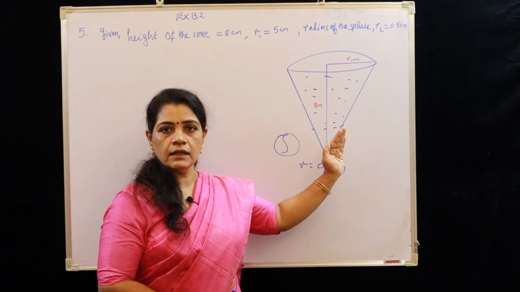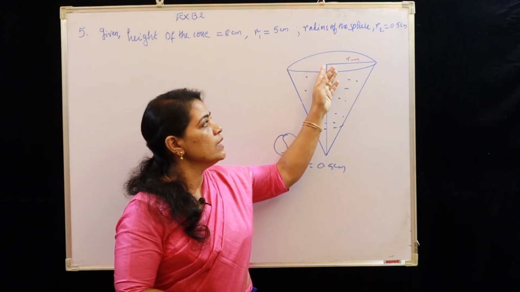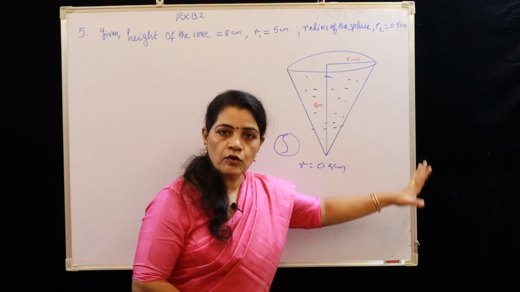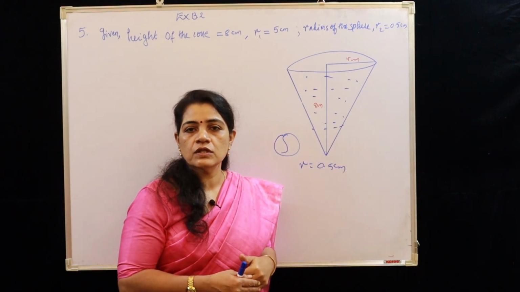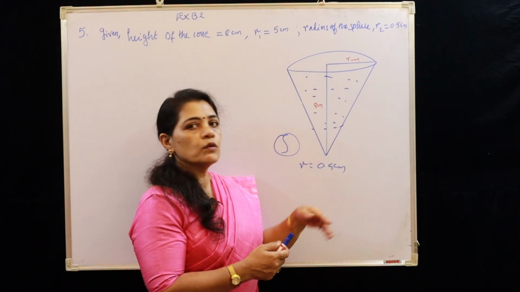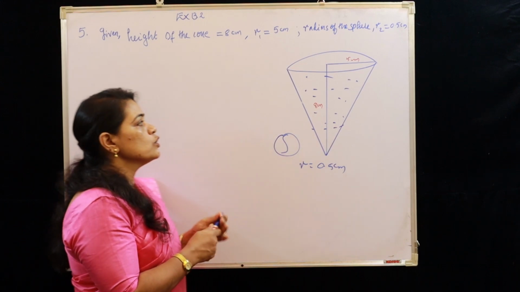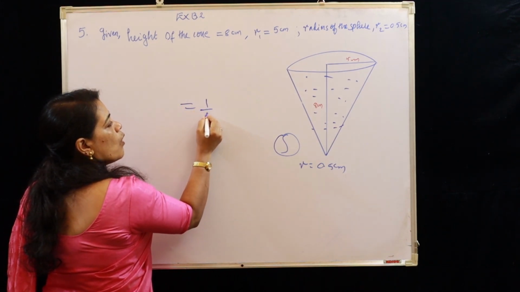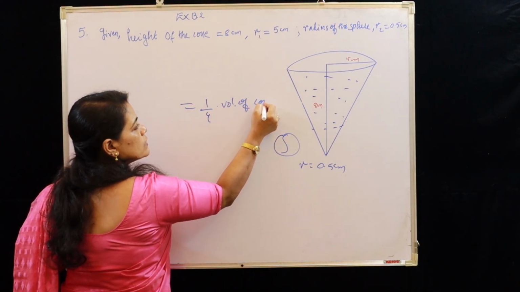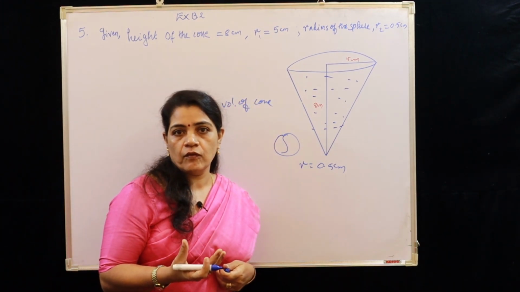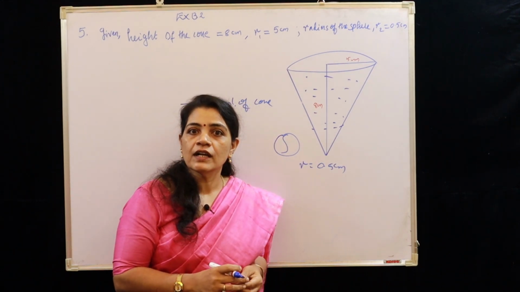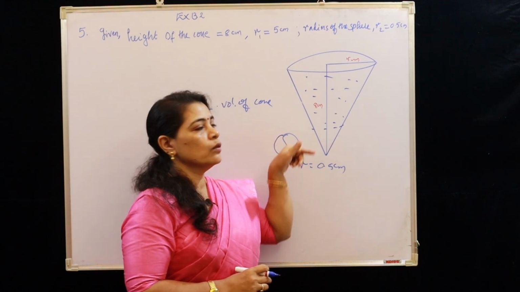As a result, since it is filled up to the brim, water surely flows out. According to the question, the amount of water which flows out is equal to 1/4 of the volume of the cone. Since the vessel is conical in shape, the water takes the shape of the container. So, volume of the cone.